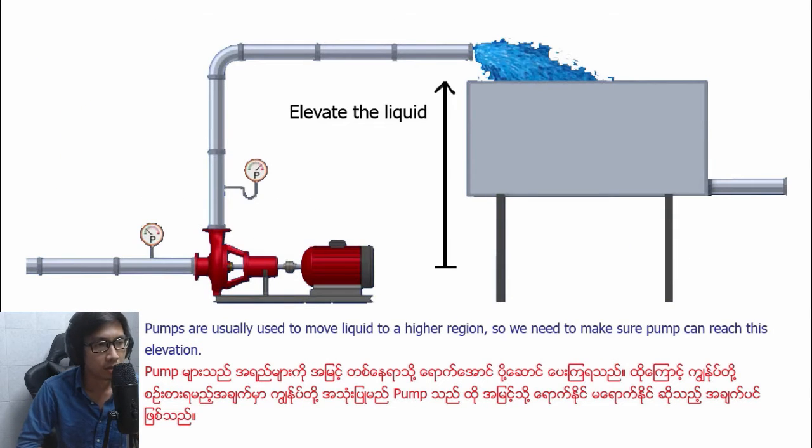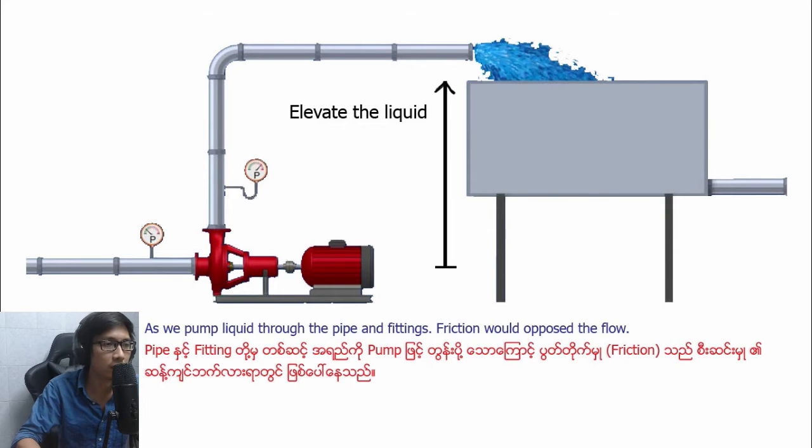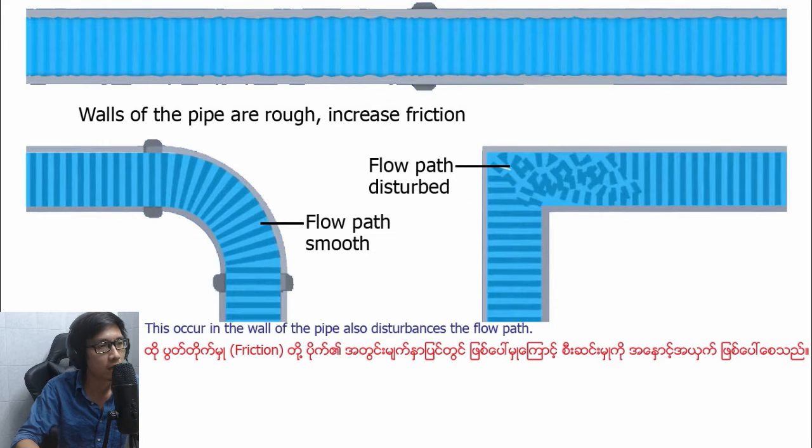Pumps are usually used to move liquid to a higher region, so we need to make sure the pump can reach this elevation. As we pump liquid through the pipe and fittings, friction will oppose the flow. This occurs in the wall of the pipe, also disturbing the flow path.